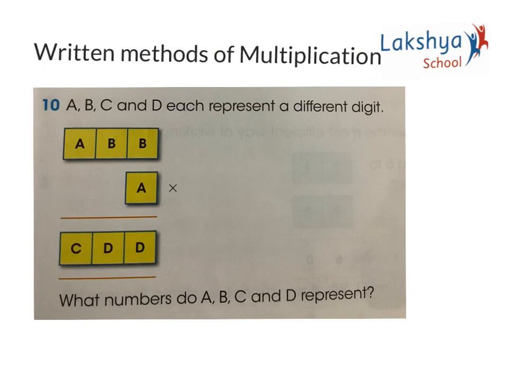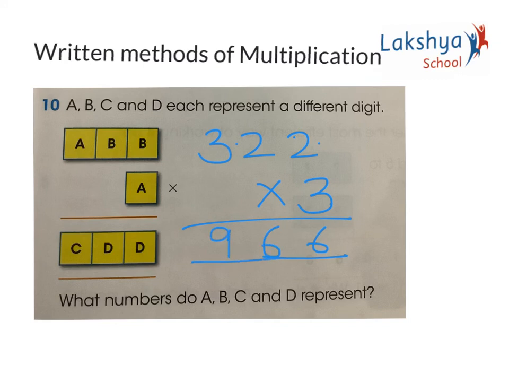Let me take 3 as A and B to be 2 and multiply by 3, so that I get the two same numbers over here: 3 2s are 6 and 3 2s are 6 and 3 3s are 9. Now I see that A would be 3, B would be 2, C would be the digit 9 and D would be 6, which matches the above rule. Work out with different digits.